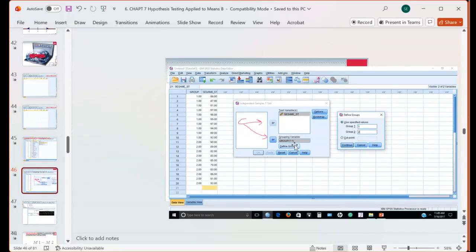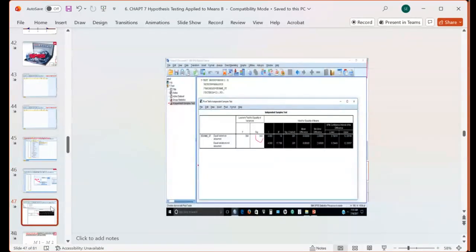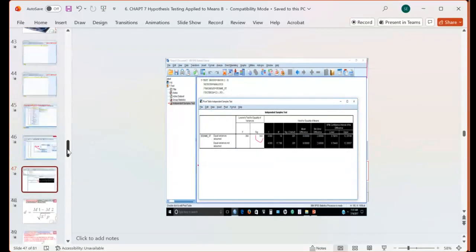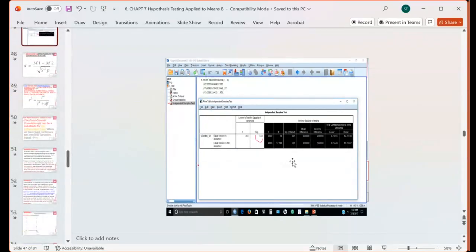If you click Define Groups, a little table will open. SPSS asks you what you mean by 1 and 2. You write 1 for group 1, 2 for group 2, continue, and then OK. And that's your output. With that in mind, you have to be able to read this. Let me make it larger.